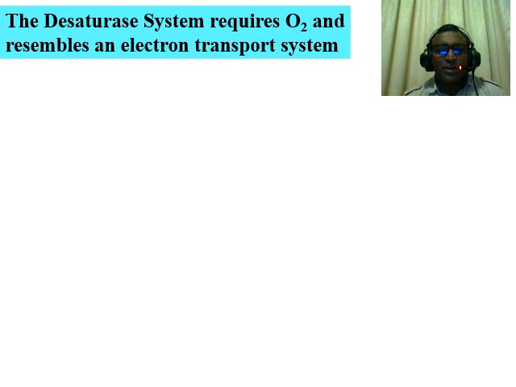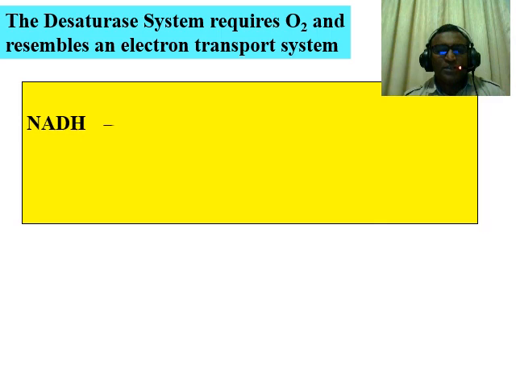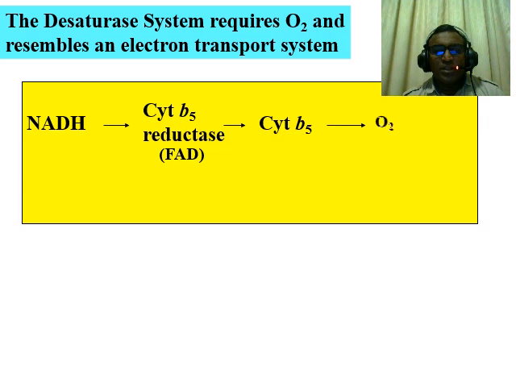So here is shown the process of desaturation at the smooth endoplasmic reticulum membrane, where it has the desaturase. Firstly, the NADH releases its electron to the carriers, until it arrives at the oxygen. Unfortunately, oxygen cannot be reduced to water by NADH alone.